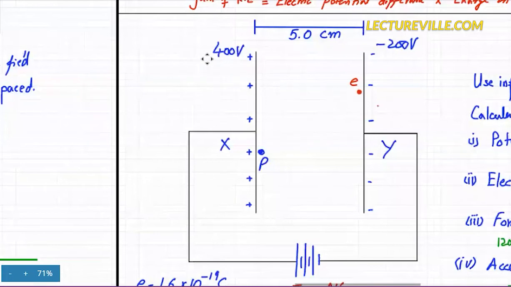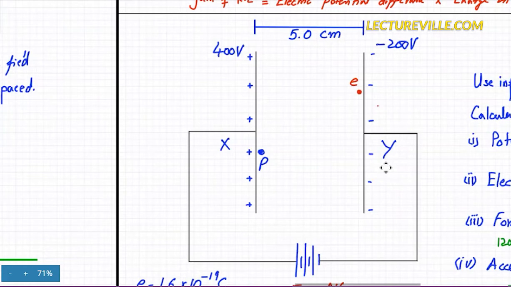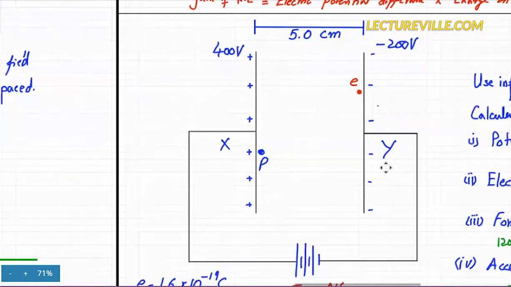Like now, if positive plate is at positive 400 volt and negative plate is at minus 200 volt, what is the potential difference between the positive and negative plate? Let's see, Amna. What is the difference between positive 400 and negative minus 200? 600. Sorry, 600. Okay.